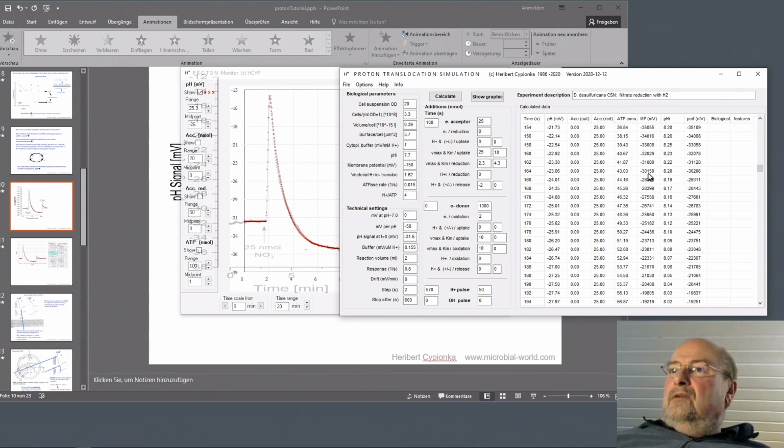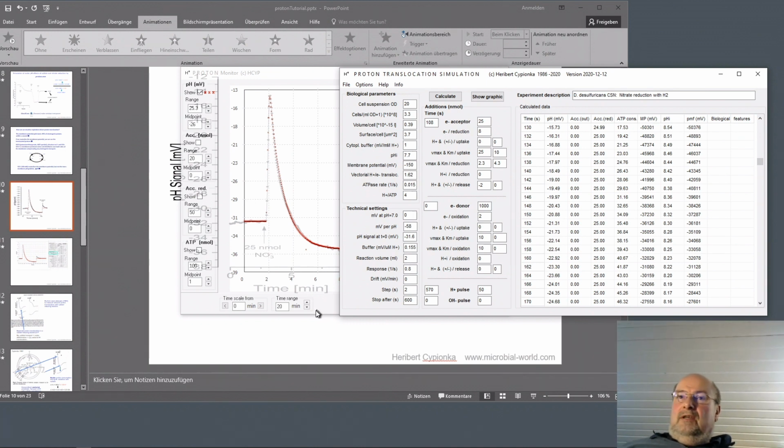Let me look. It's 35,000, 38,000. I think I found 50,000. Yeah, it's 50,000 millivolt or 50 volt.